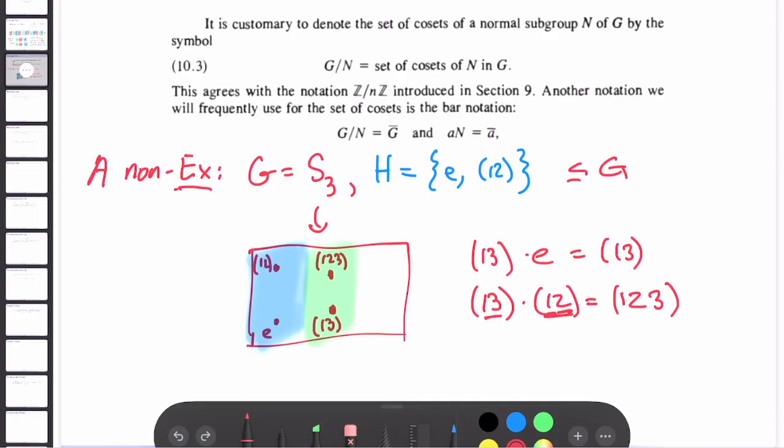And so then there are only 2 more elements left in S3. Let's pick one of them. I think we haven't used (2 3) yet. We could check, but we know by the way that cosets work that the last element is going to have to be in this coset as well, and the last element is (1 3 2).